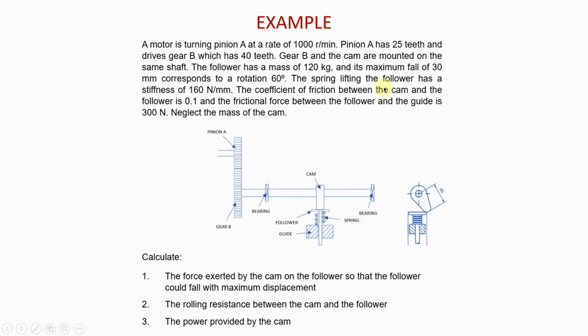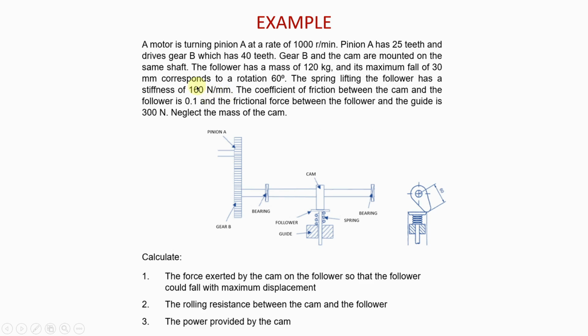The spring lifting the follower has a stiffness of 160 newtons per meter. So the stiffness of this spring is 160 newtons per, not meters, newtons per millimeter.